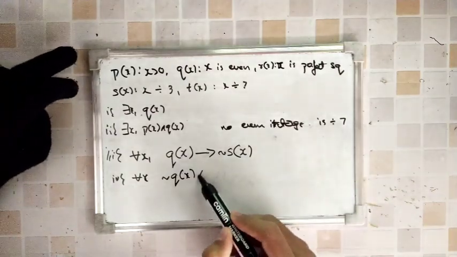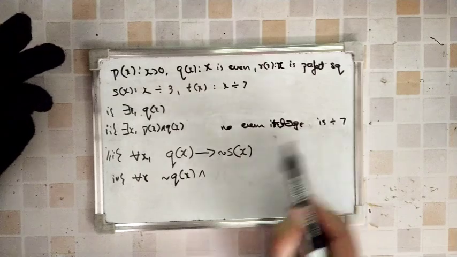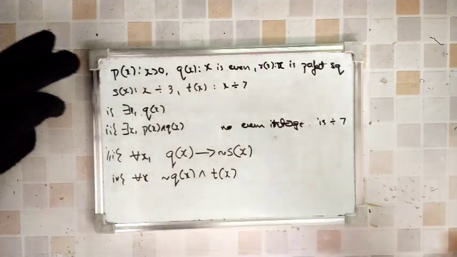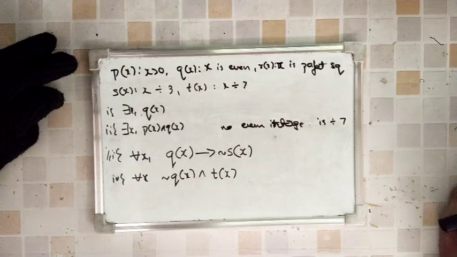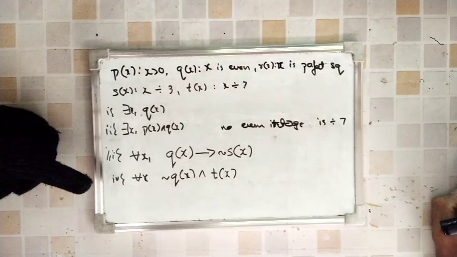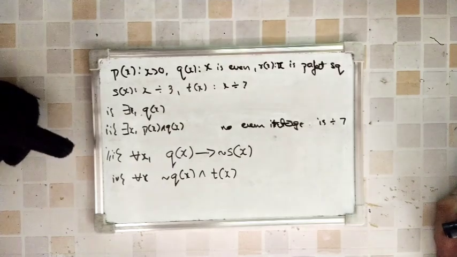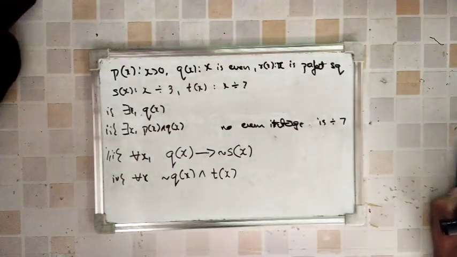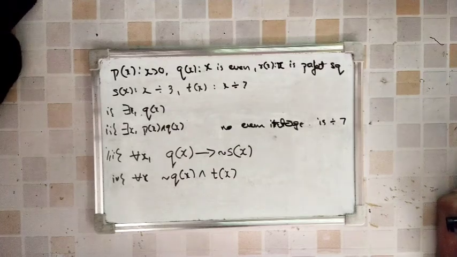And T of x. For all x, you can say Q of x and T of x for all x. Let me read the question again. We are saying no even integer is divisible by 7.